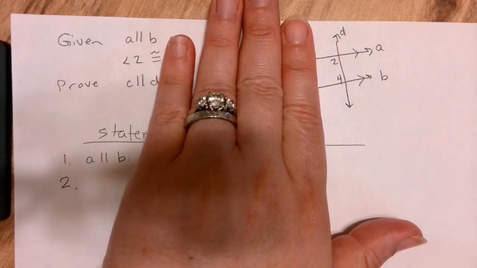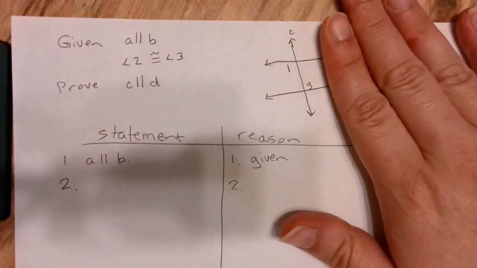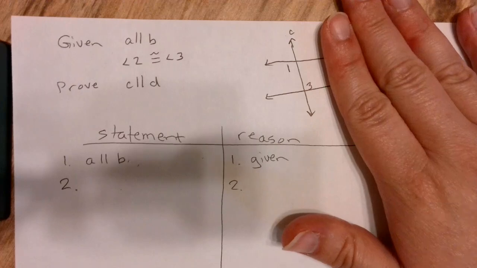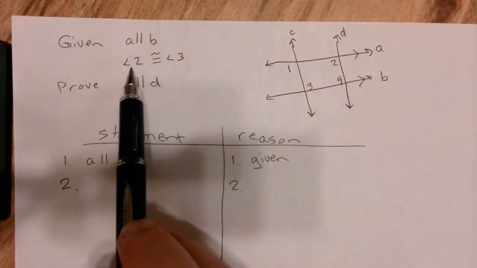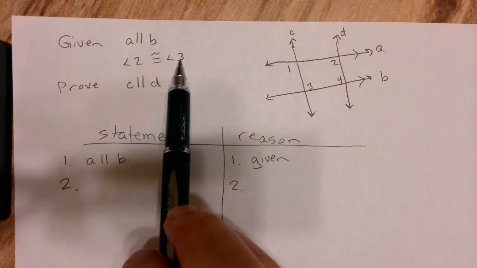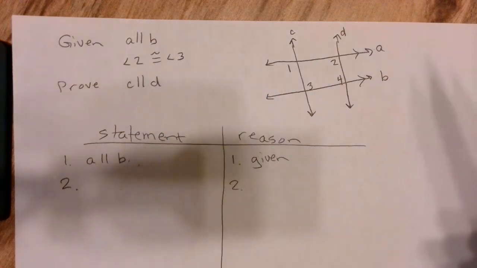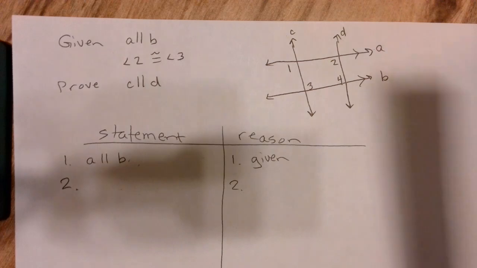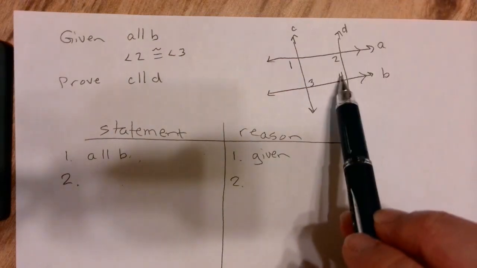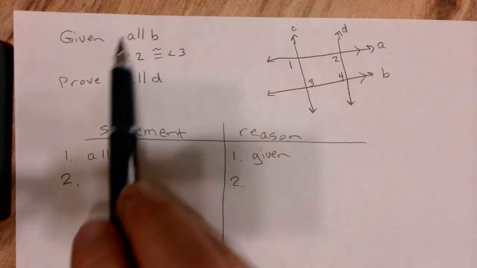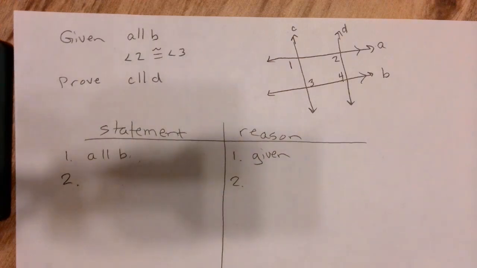We can use angle 2 and angle 4, or we can use angle 1 and angle 3. Now, look at our next given. Our next given has a 2 and a 3. So my thought is maybe we use angle 1 and 3, and maybe we'll have some sort of transitive property going on here, so maybe we don't need the 4. I don't see a 4 up here at all.